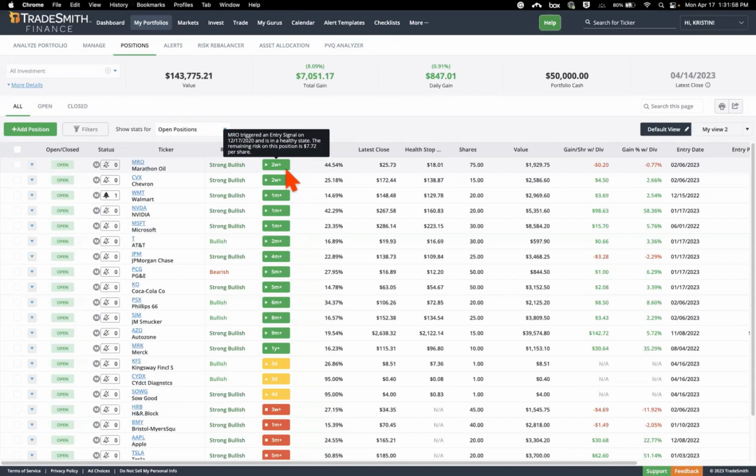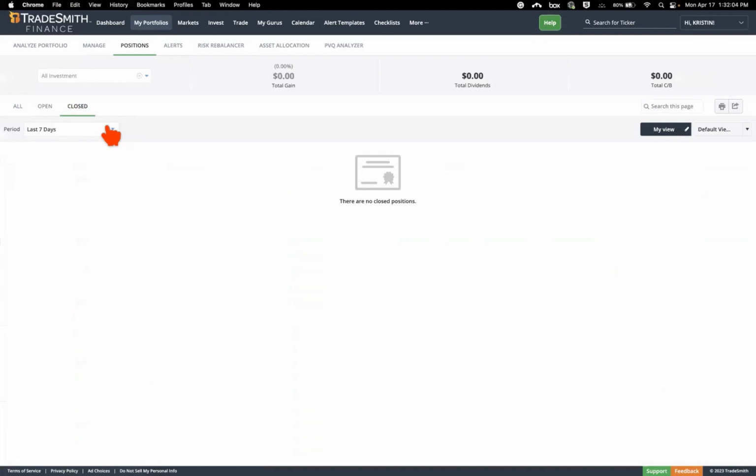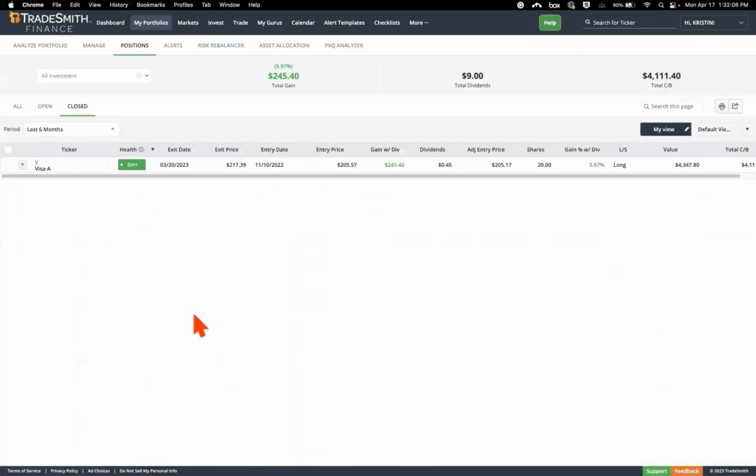But when we close it, we put it in the closed positions tab here. I don't have any here to show you, but it would be listed here if you sold on red. And if it goes back into the green, we will alert you. That's a re-entry signal. We're letting you know that the position you sold came out of the red zone and is healthy again, and went back into the green.